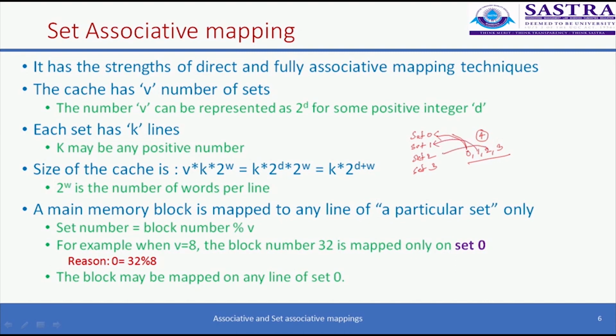If the remainder is 2, set 2. If the remainder is 3, set 3. But it is different from direct mapping, since a set has k lines. The block may be mapped on any one of these k lines. That one is given here, any line of a particular set.